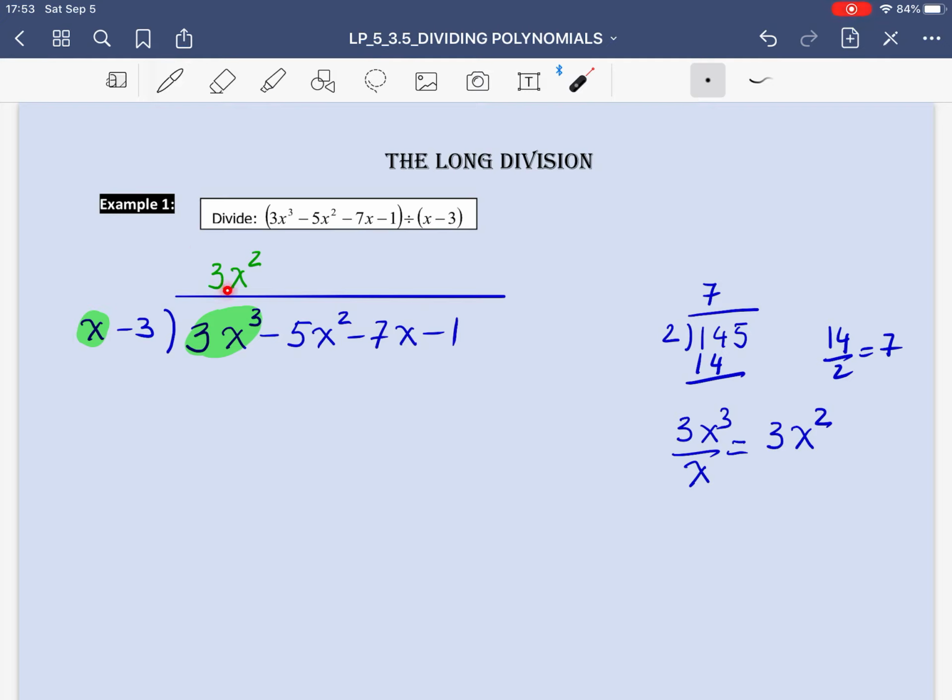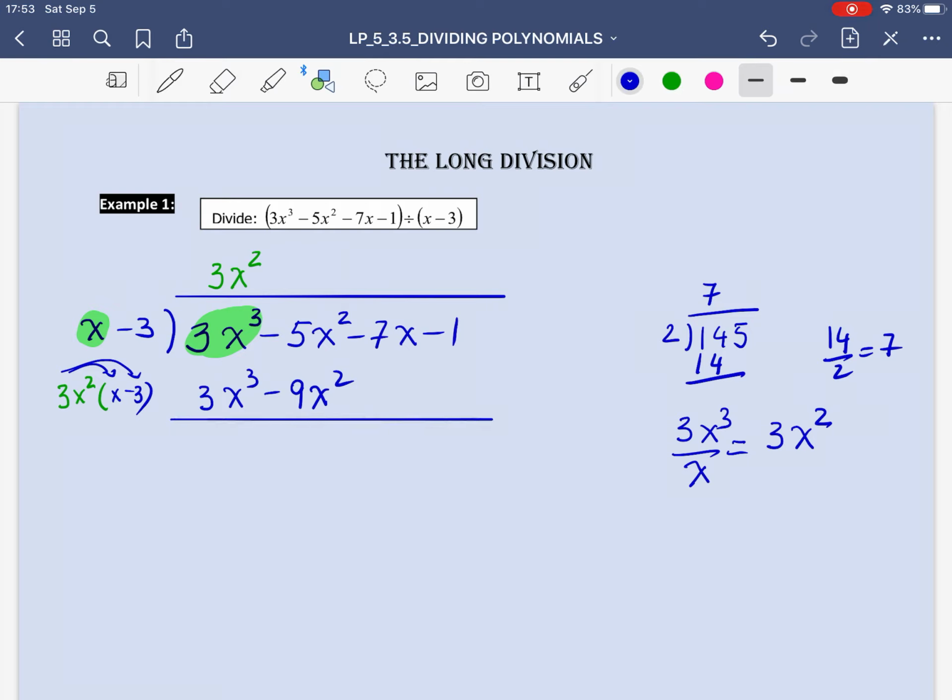So the same thing, 3x squared will be multiplied now by x minus 3, because this whole thing is the divisor. So 3x squared will be multiplied by x minus 3. And from this multiplication, we'll have 3x cubed and then minus 9x squared.